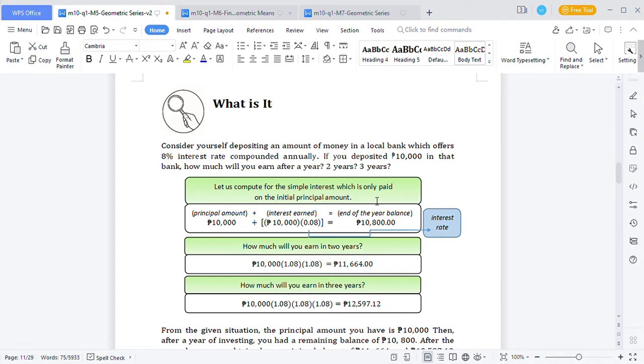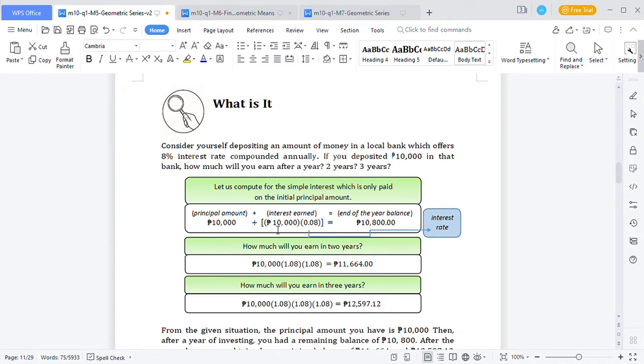But when we talk about compound interest, you add your interest to your principal amount, and from that new amount, you will also have interest, so your money grows larger and larger with compound interest. So we'll compute it here.